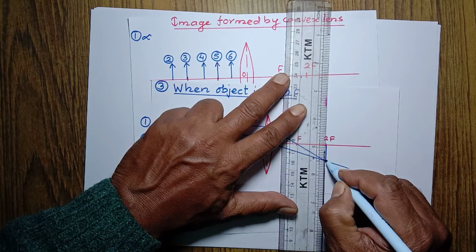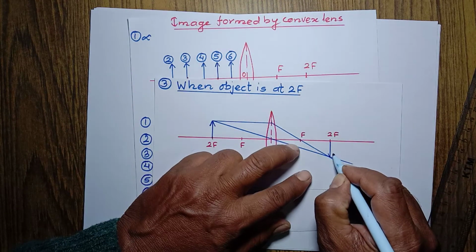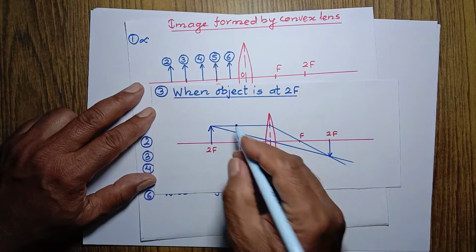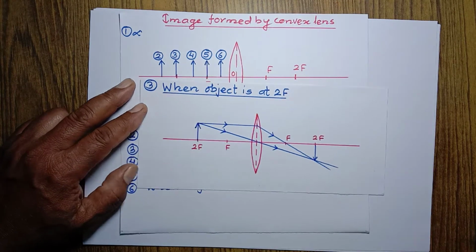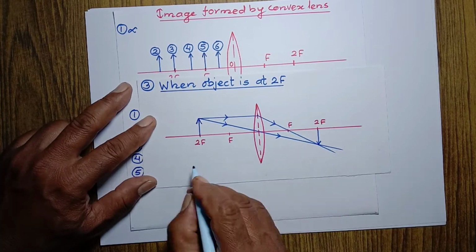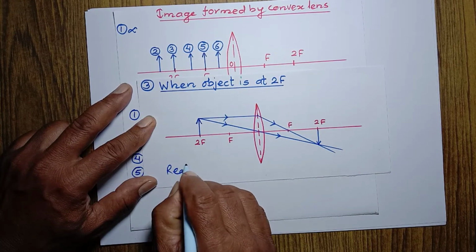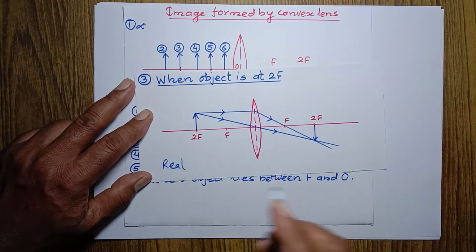Since the light coming from the head is intersected at this point, that's why the head goes down, and this is the image. See, before refraction, after refraction, we have to take the arrow mark also. This image is, again, a real image. Why real? Because really the refracted rays are intersected and the image is formed.